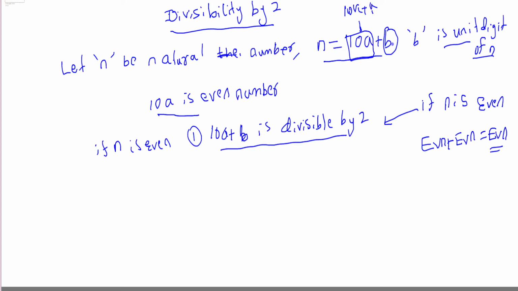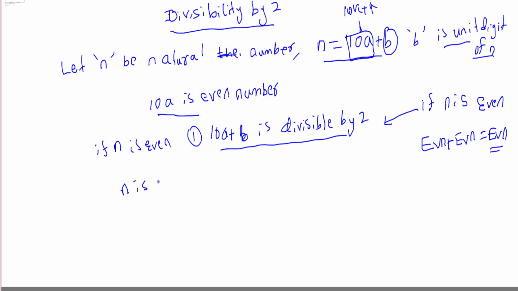But for b, either of two cases happens: b is even or odd. There are only two options. No other option will be available. We can't get a situation where n is neither even nor odd. Such a situation will never exist. Either it is even or odd.